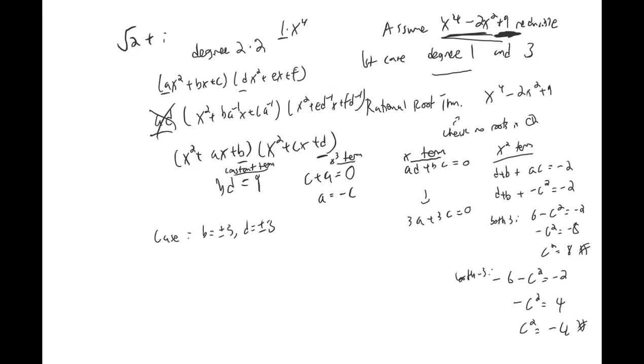And then same thing for the case where b is plus minus 1, d is plus minus 9, right? I think this one's easier. Let's consider both plus.